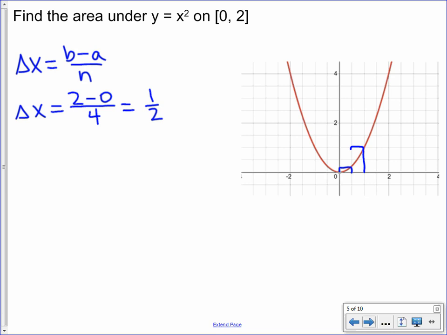From 1 to 3/2, 3/2 is going to give us our height. And from 3/2 to 2, 2 is going to give us the height. So what I'm highlighting in green, that's what we're hitting. We're hitting those function values to give us the height of our rectangles.